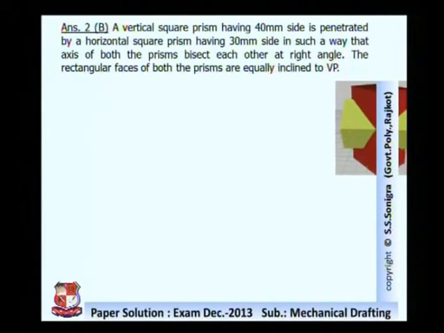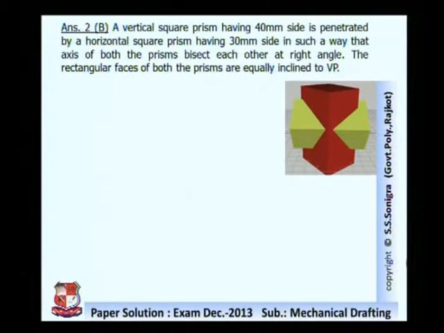The given case is like this. You can see here, this red colored one is the vertical square prism, and this is the horizontal square prism, and in this case both the prisms' sides make equal angle with the VP, and axes are at right angle to each other.